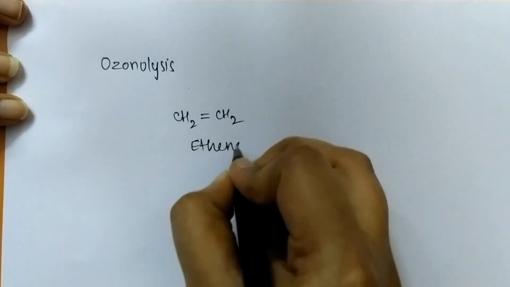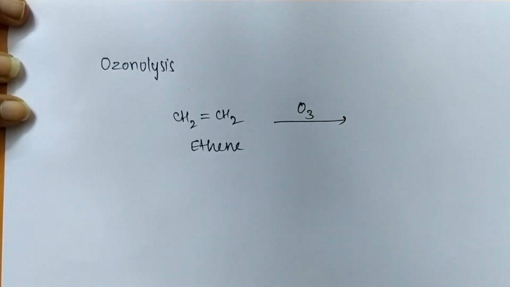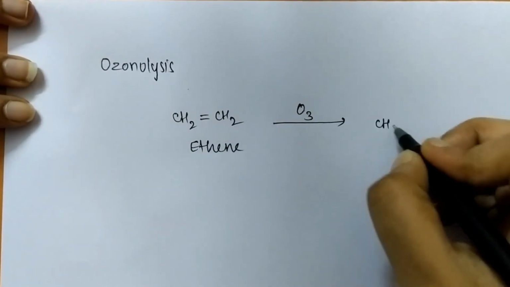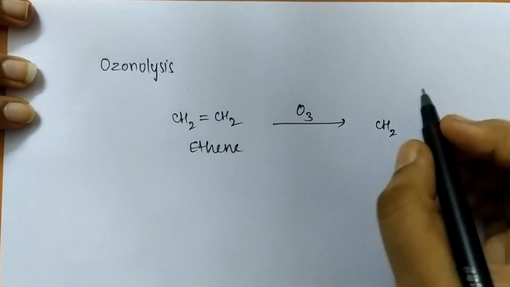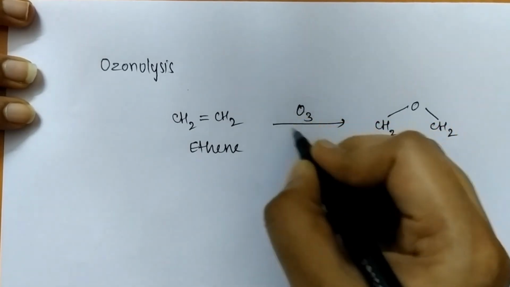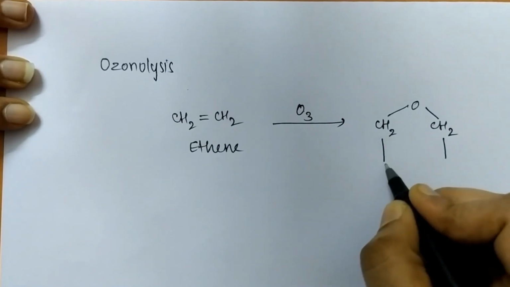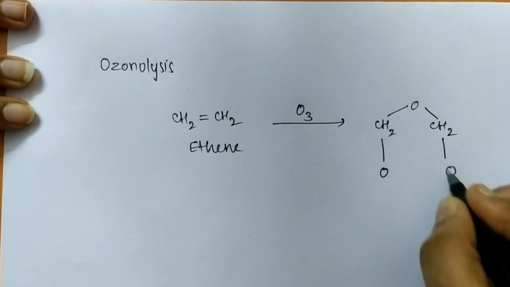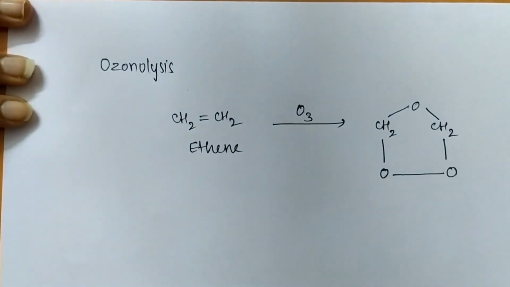Now ethene is going to react with ozone, which is represented as O3, and what is exactly going to happen is that each CH2 carbon atom is going to bond with one oxygen atom from this ozone, and ultimately the two oxygen atoms are going to form a single bond.